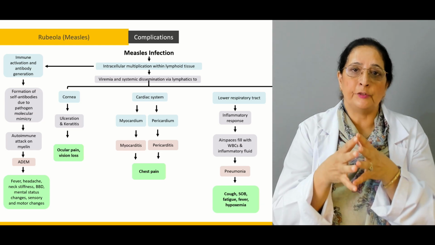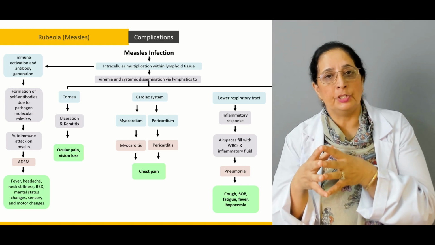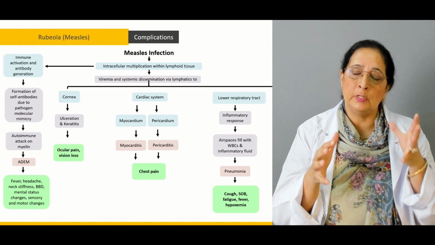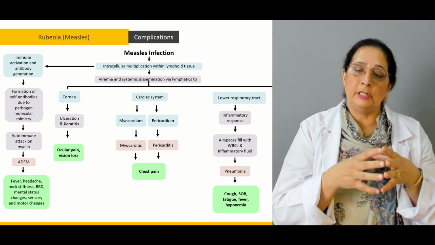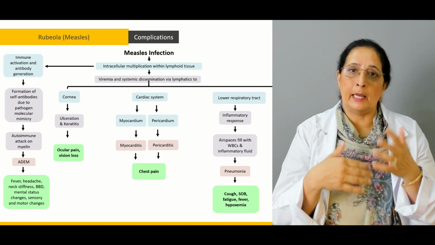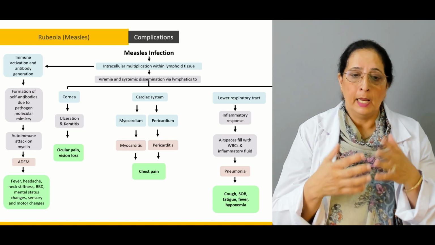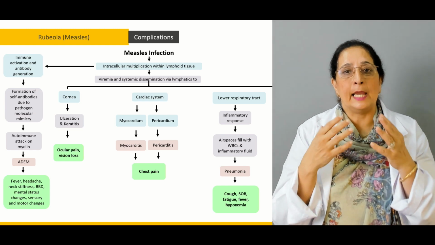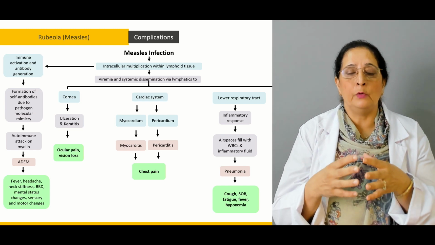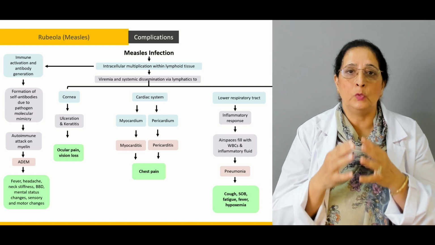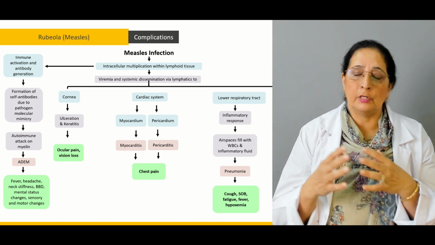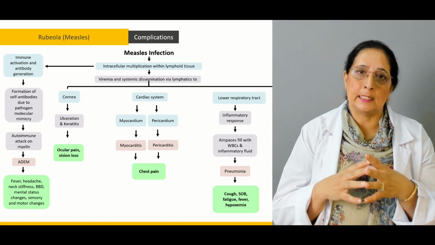One, there is intracellular multiplication in the lymphatic tissue causing activation of the immune system and antibody formation, and there are self-antibodies. Those cause an autoimmune attack. This can cause complications like motor and sensory changes and neck stiffness.